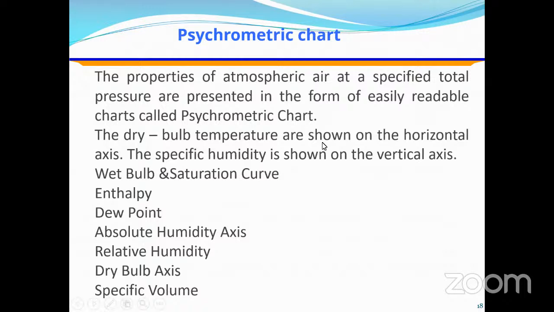Wet bulb and saturation curve, enthalpy, dew point, absolute humidity axis, relative humidity axis, dry bulb axis, specific volume. So the psychrometric chart shows so many parameters. It is very useful for HVAC design engineers to design the AC system.